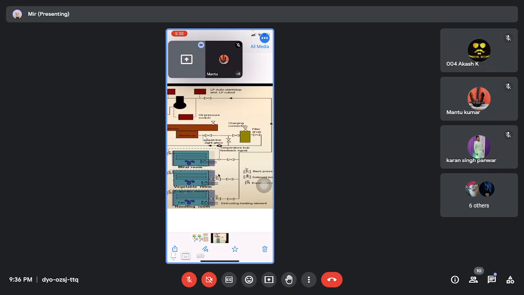Many students also ask about this: the meat room has negative temperature, which means low pressure? No, it is just the opposite. If in the room we maintain negative temperature, it means the amount of refrigerant inside is high, and if the amount of refrigerant flowing is high, the pressure is also high.